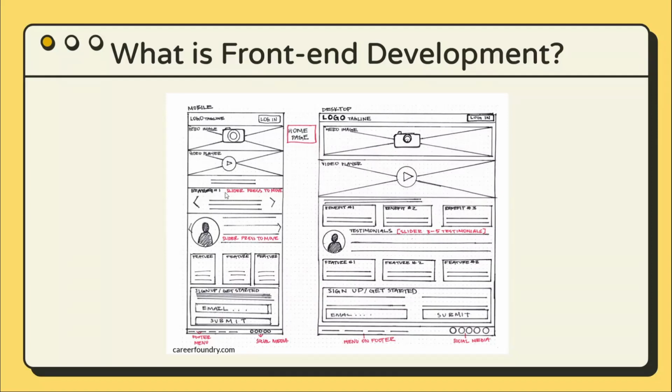Maybe users are used to having navigation be up at the top or in a bar to the side. Having these elements be obvious to the user is going to help make your website function well and look pretty too. Do we have any questions so far about what front-end development is?